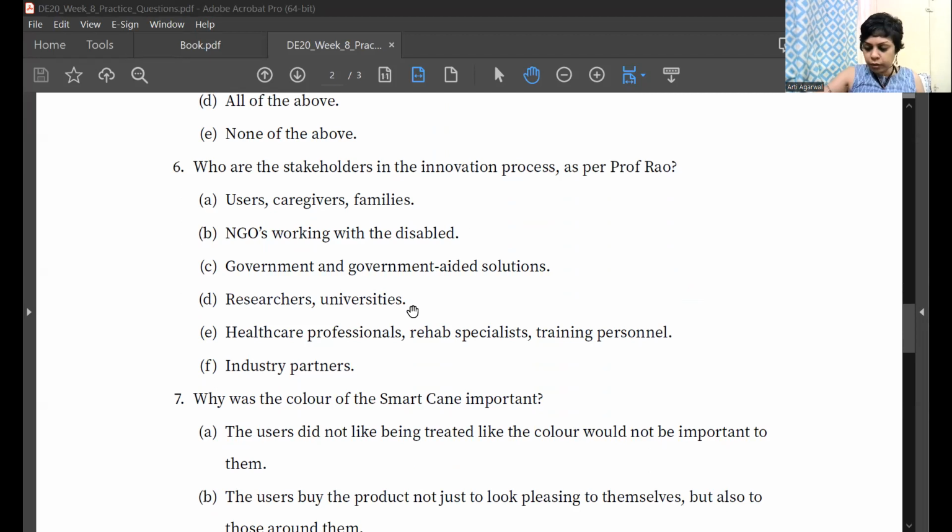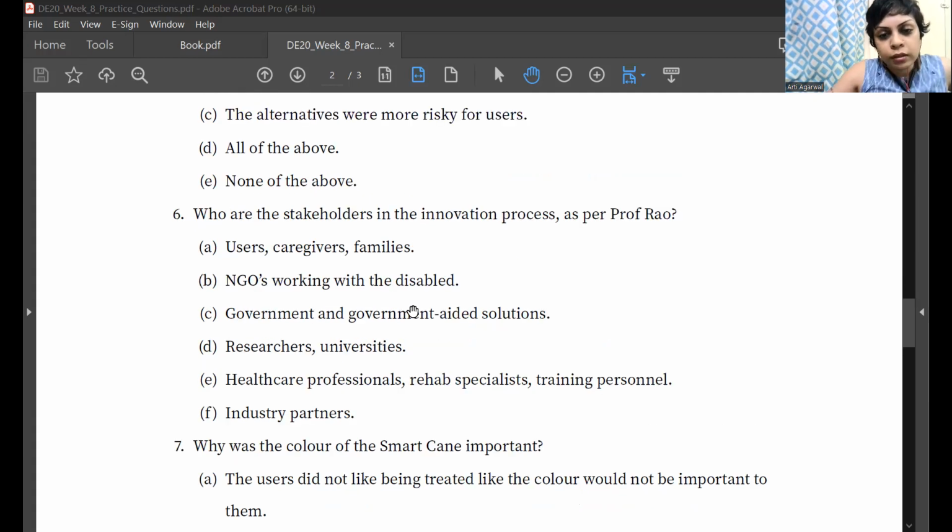So this is a very interesting question because throughout this entire course, actually, not just this particular module, we have been talking about the stakeholders in the whole design process. And now in this specific module, we're also talking about the stakeholders in the innovation process, right?